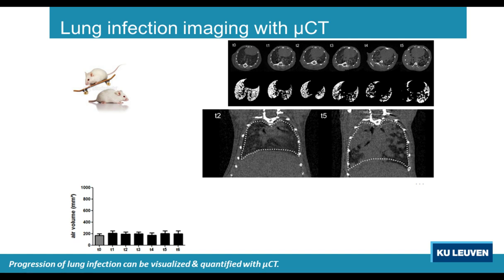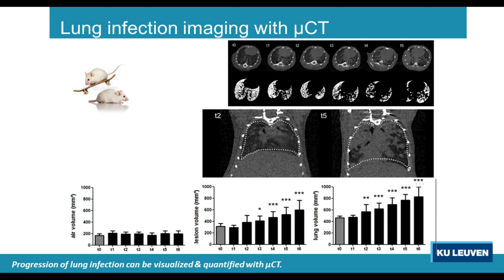And the interesting thing is, when we quantify this for the entire lung, then what you see in the graph is that the air volume in the lungs actually stays the same over time. So these are weekly time points. So up to 6 weeks after infection, in 3-dimensional analysis, you don't see a change of the airspace of the lungs.